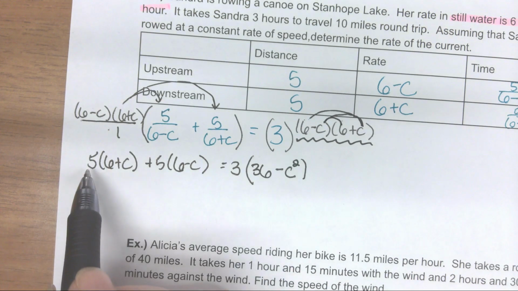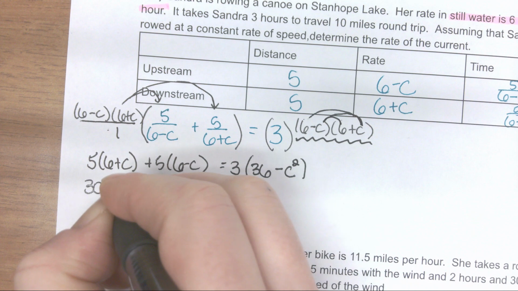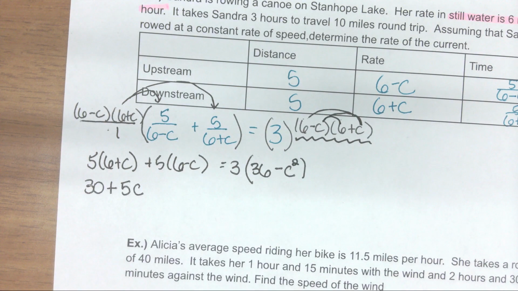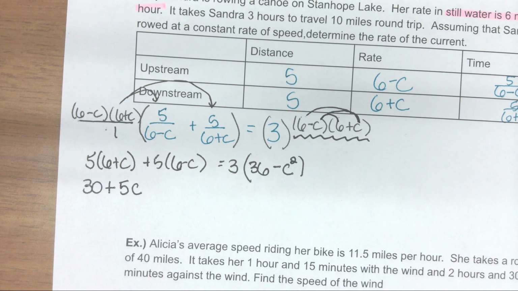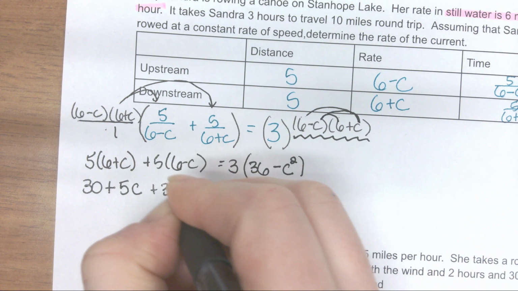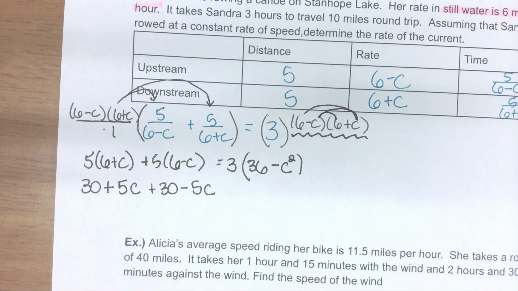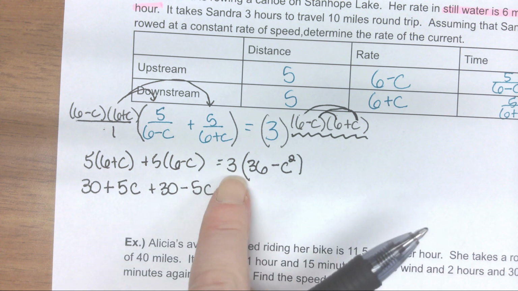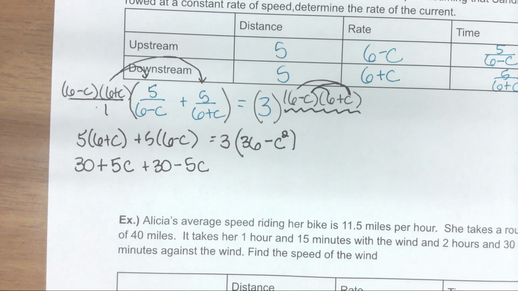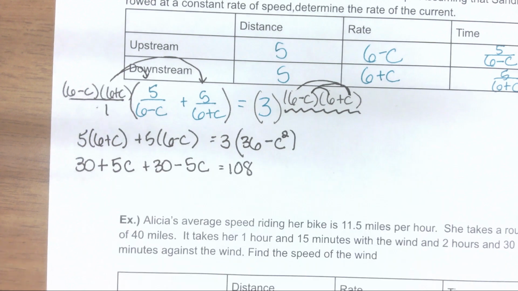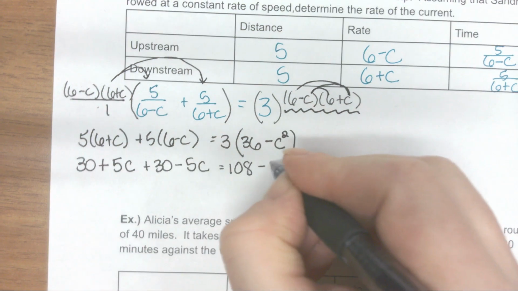We have 30 plus 5c plus 30 minus 5c. Can somebody help me with 3 times 36? So then I have 108 minus 3c squared.